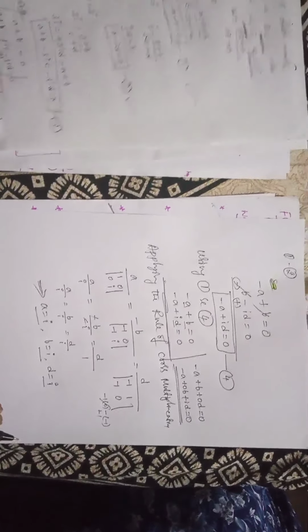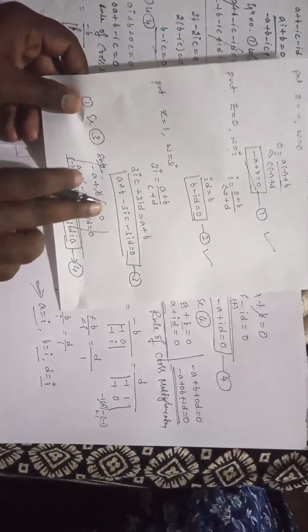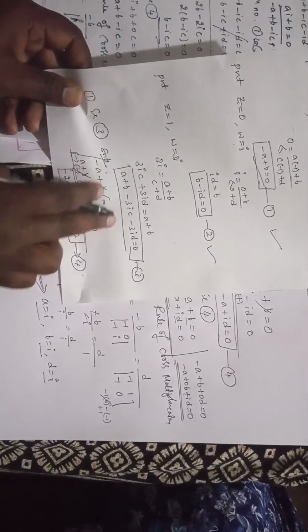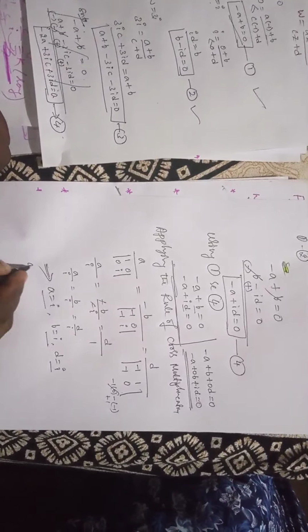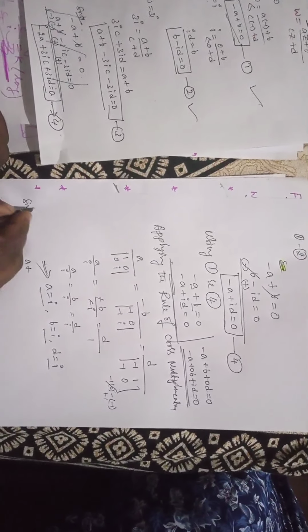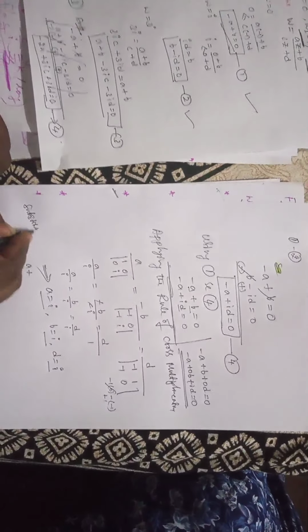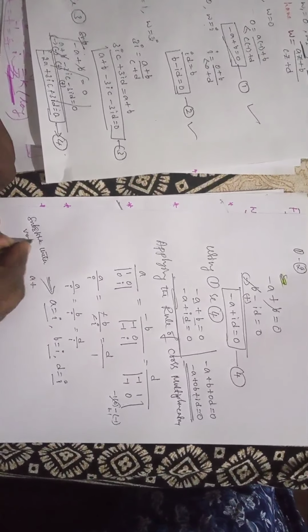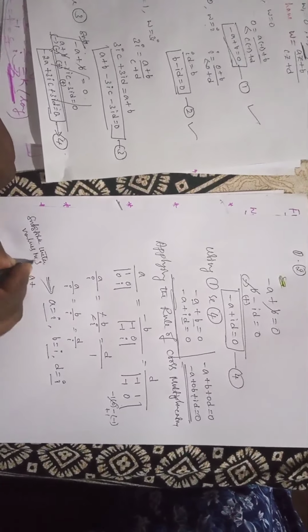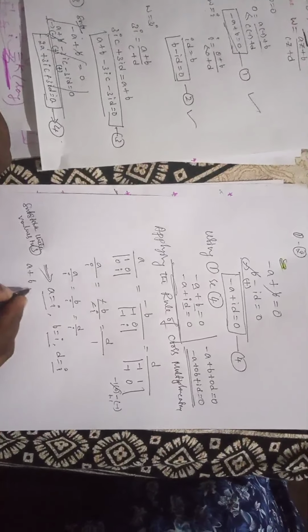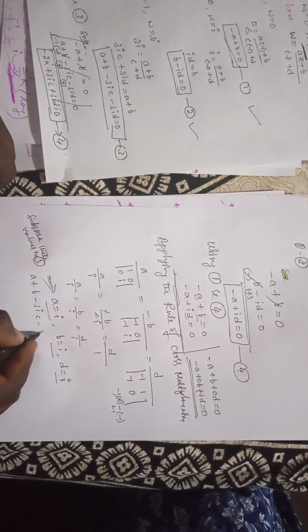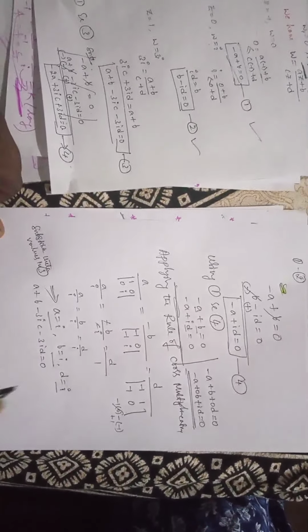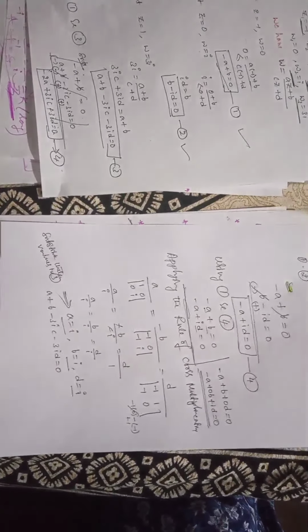Substitute these a, b, d values in equation number 3 and we will get c. Equation 3 is a plus b minus 3ic minus 3id equal to 0.